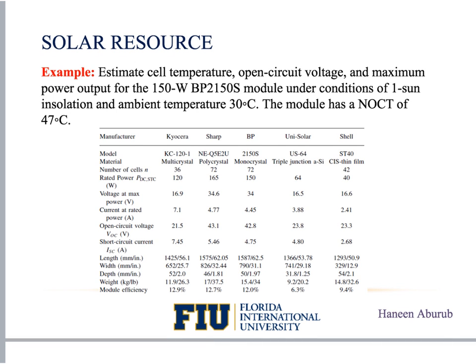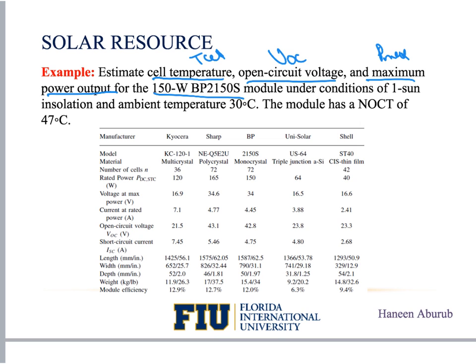Now let us solve an example on this. This example is asking us to estimate the cell temperature, shown here. So we need the T cell, we need the V open circuit, and we need the maximum output power, the P max, for one type of PV module mentioned here, under conditions of one sun insolation and ambient temperature of 30 degrees Celsius.